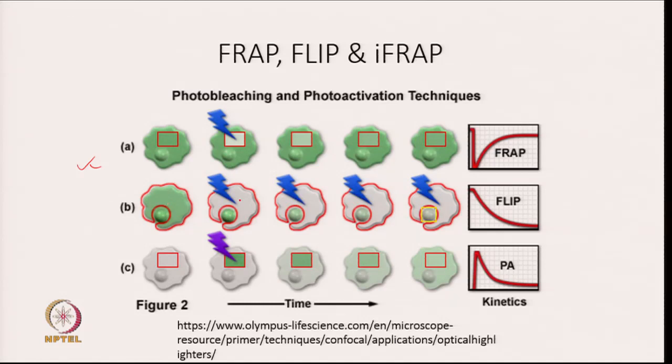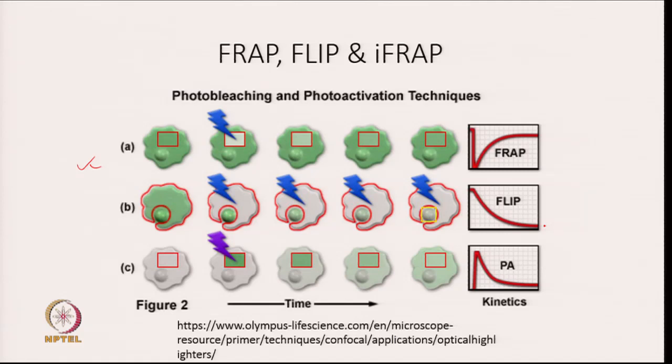Then the bleaching will slowly spread to the part which you are looking at, which was not bleached. So, you see this green is now decreasing. The effect of bleaching on the other part is now seen on the part which is not bleached, and that is FLIP. So, you can see it is a decrease.